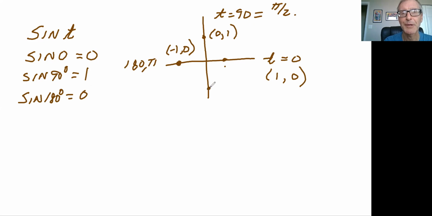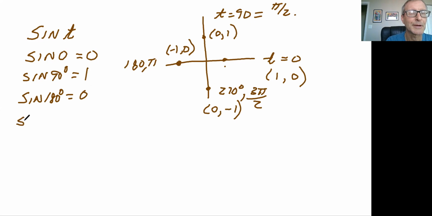So what happens when we get down to 270? When we get down to 270 degrees, that would be 3 pi over 2. And that point on the unit circle is 0, minus 1. So sine of 270 degrees would be minus 1. And then what happens when we get back here, which is 360 or 2 pi?